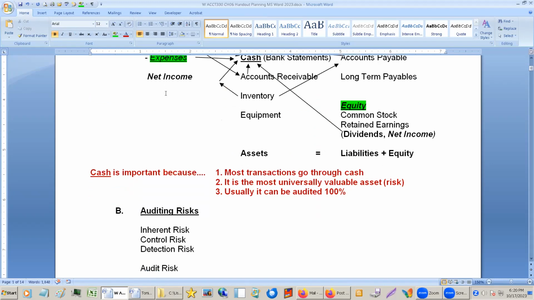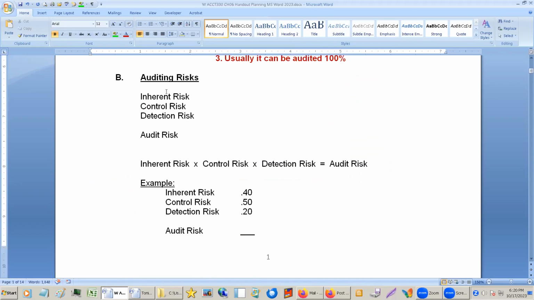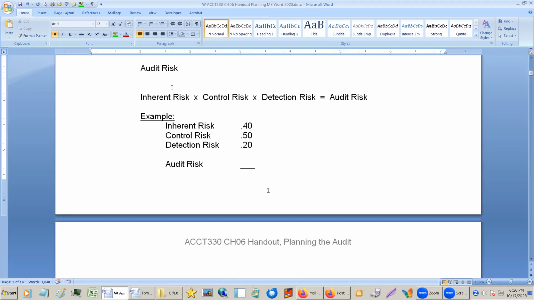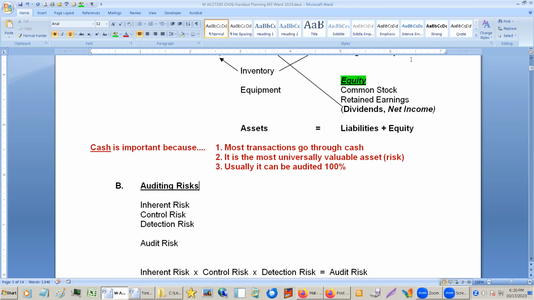Any question on that? Okay. Auditing risks. All right. Let's go through these. So these are the risks that you have to look at to know what to audit. And you don't just jump in and audit everything. One of the things you do is you sit down and talk about what could go wrong.